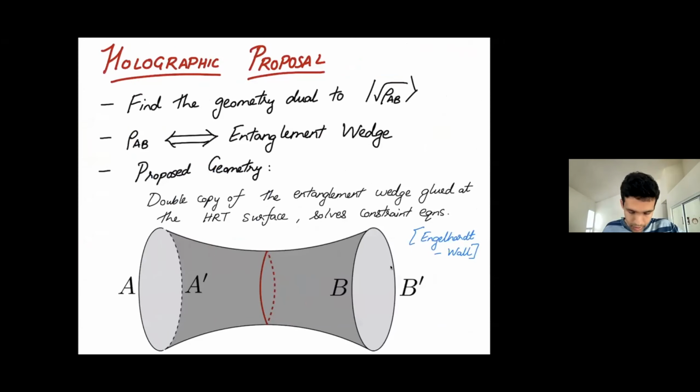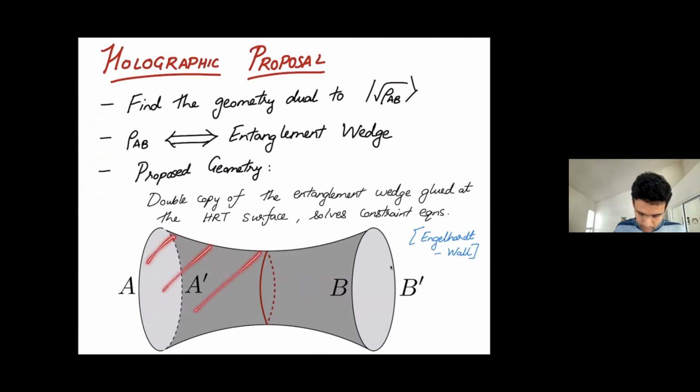Now, because it's an extremal surface, this is an allowed thing. You can solve the constraint equations by gluing two pieces of data at this extremal surface. So it's valid initial data, and then you can evolve the geometry into the future and see what it looks like more generally. But since we're only interested in this particular slice, the geometry is basically that.